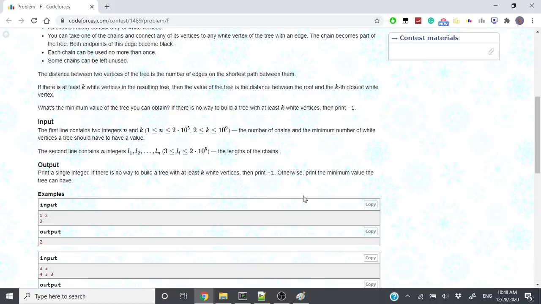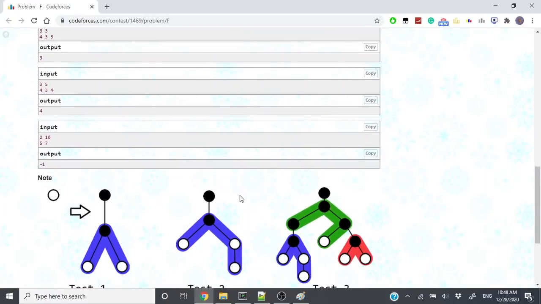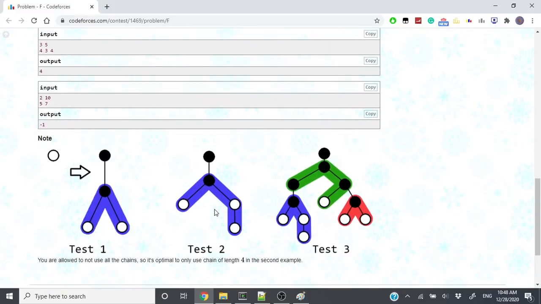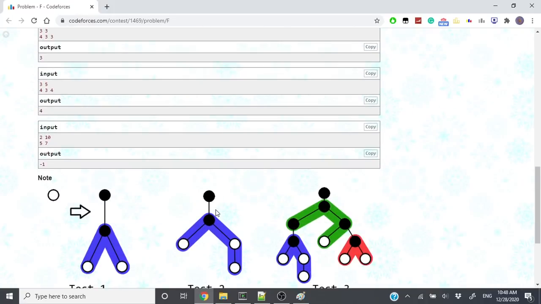And we want to see if it's possible to do things. And so we want to see if we can have at least k white vertices of a certain distance away.